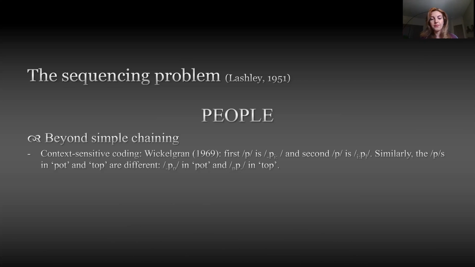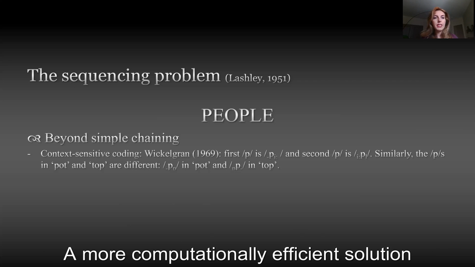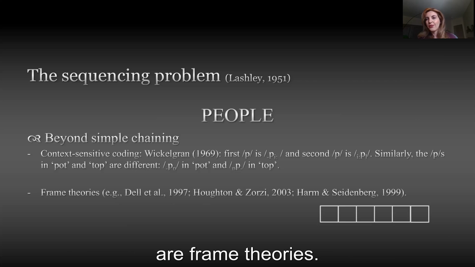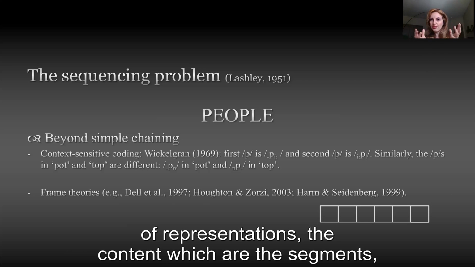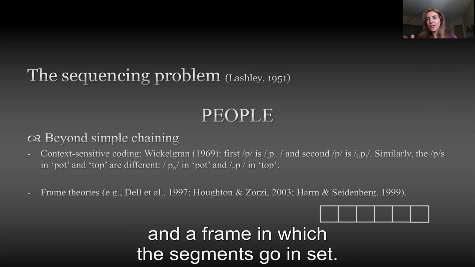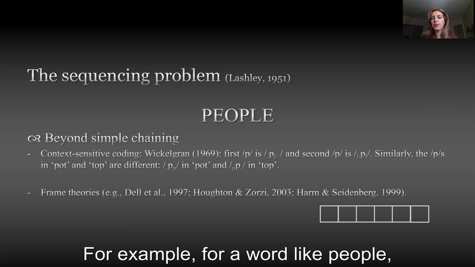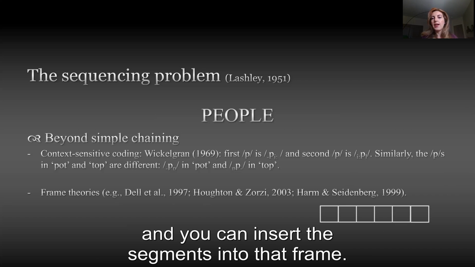A more computationally efficient solution are frame theories. These theories hold that a word has two sets of representations, the content, which are the segments, and a frame in which the segments go and sit. For example, for a word like people, you have a frame like that, and you can insert the segments into that frame.